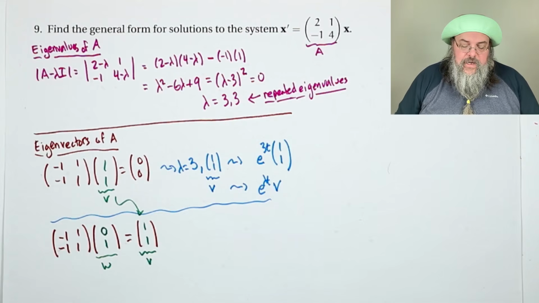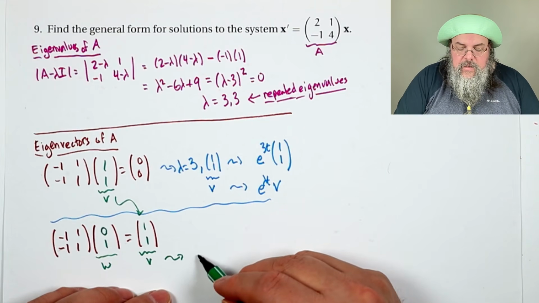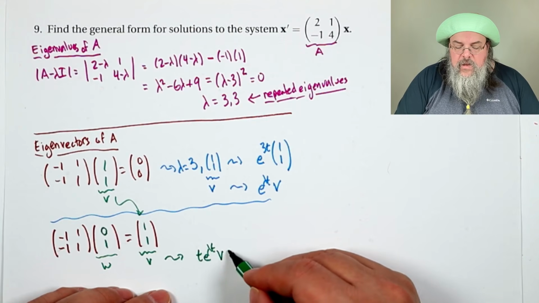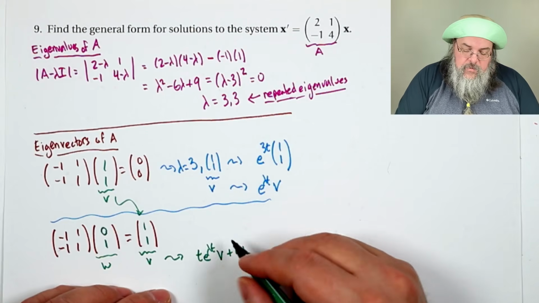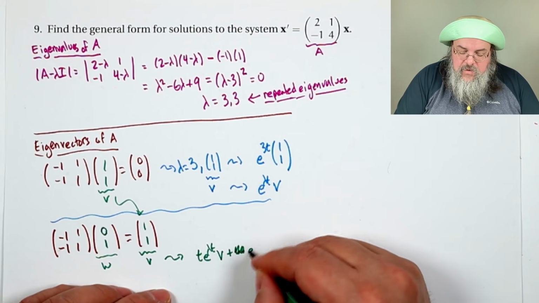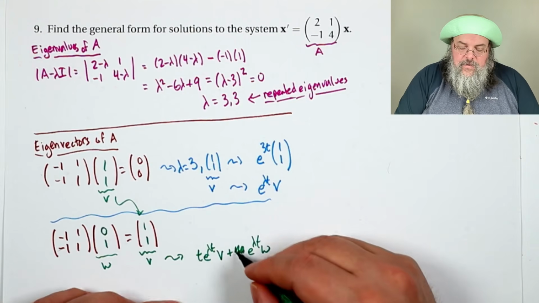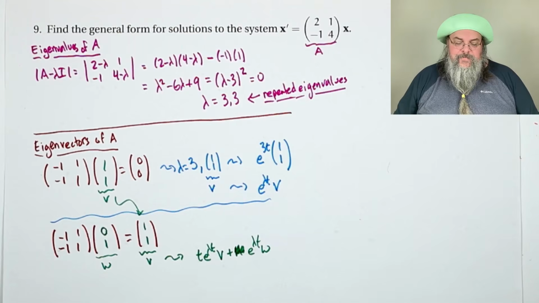Good. And now, why do we do all that? Well, the punchline here is that the second solution will look like t e to the lambda t times v, plus e to the lambda t times w. So it's kind of like bump, but you have a small correction term.